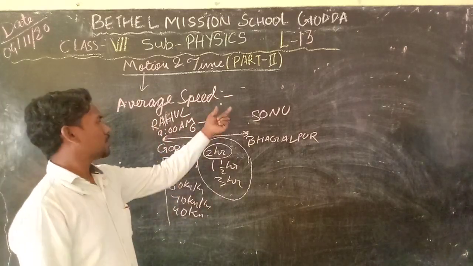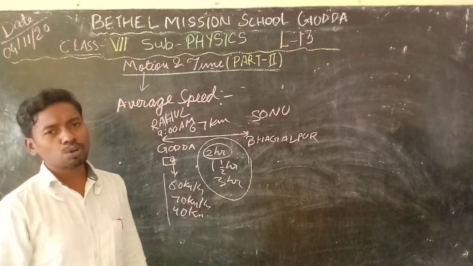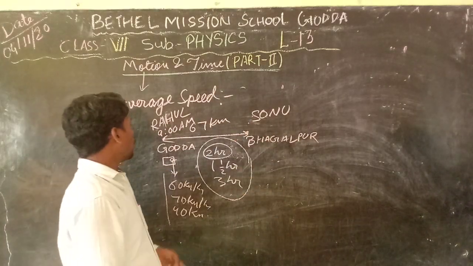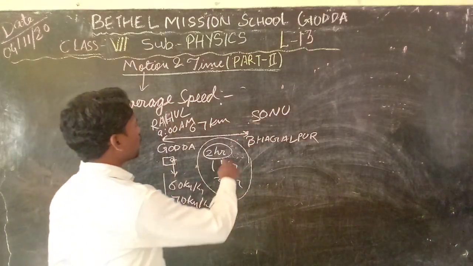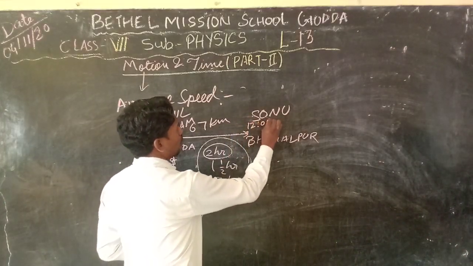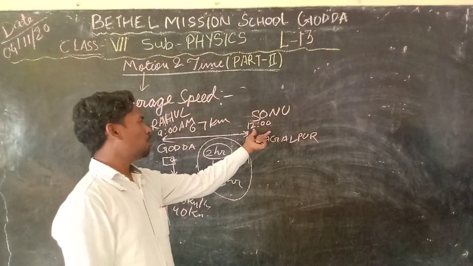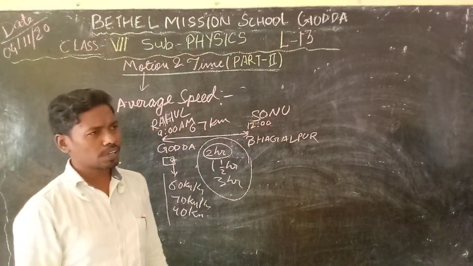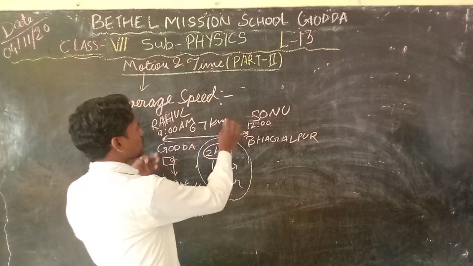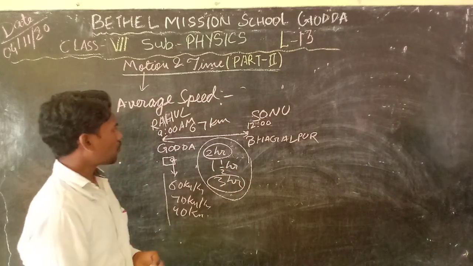Then Sonu was waiting here at Bhagalpur. While he was waiting, it was almost 12 o'clock when Rahul reached Bhagalpur where Sonu was. So what was the time difference? 3 hours.